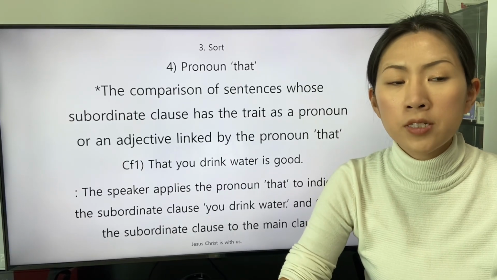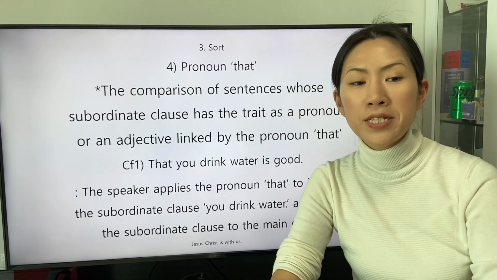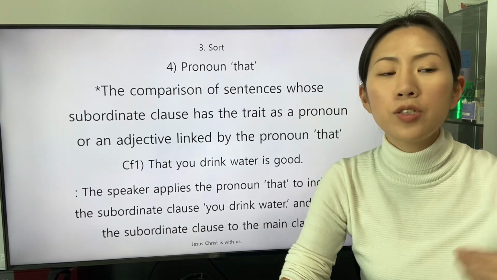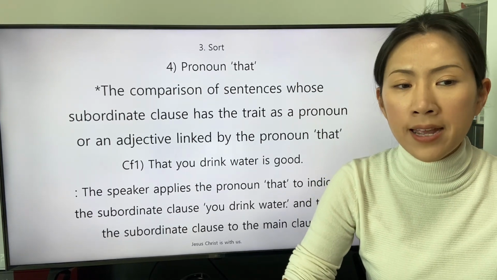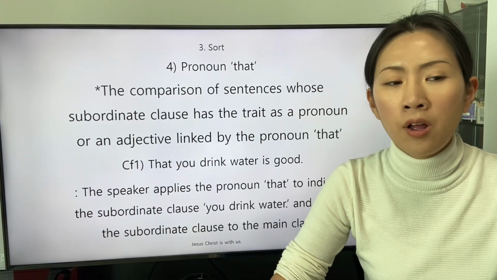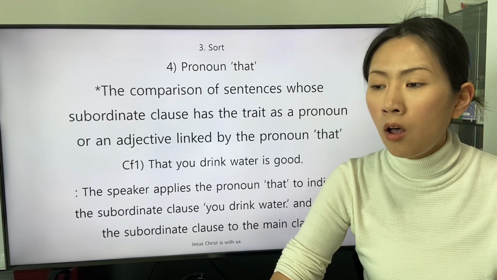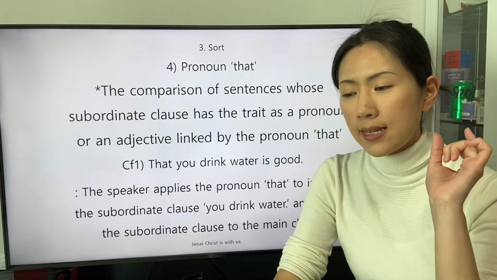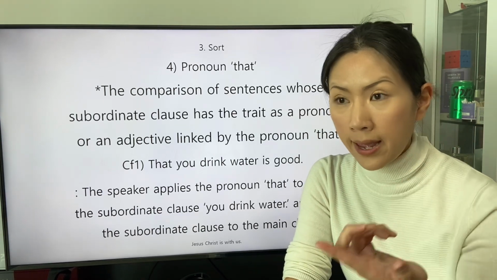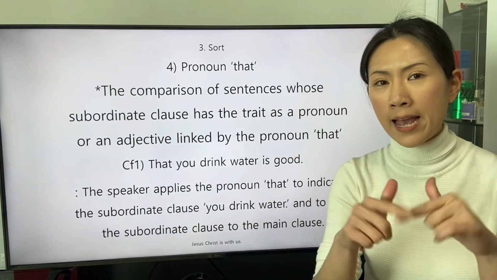From now on, we will study the comparison of the sentences whose subordinate clause has the trait as a pronoun or an adjective linked by the pronoun that. A subordinate clause that is linked by the pronoun that can have the trait as an indication.